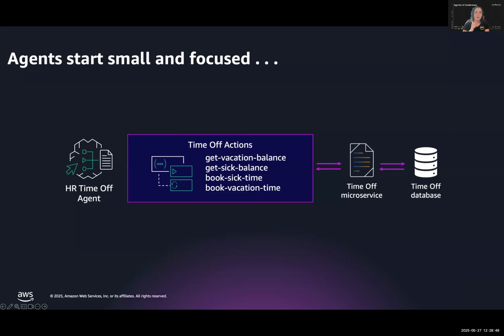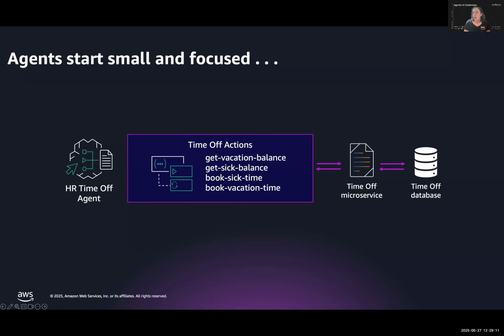So just backing up a little bit and giving you some context on what I'm going to demo in a minute. For agent workflows, a concrete example could be that you have an agent that helps with answering HR questions about time off.